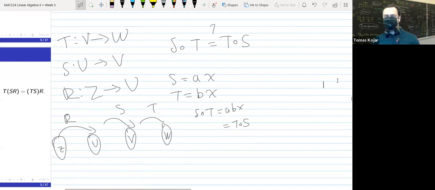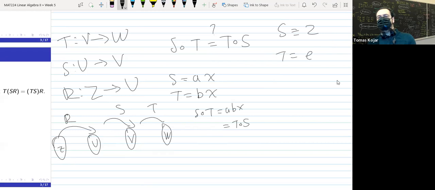It's easy, actually. You take S to be the constant function 2 and T to be the exponential. Then S composed with T is still 2, because it's the constant function; it doesn't matter what you put in.